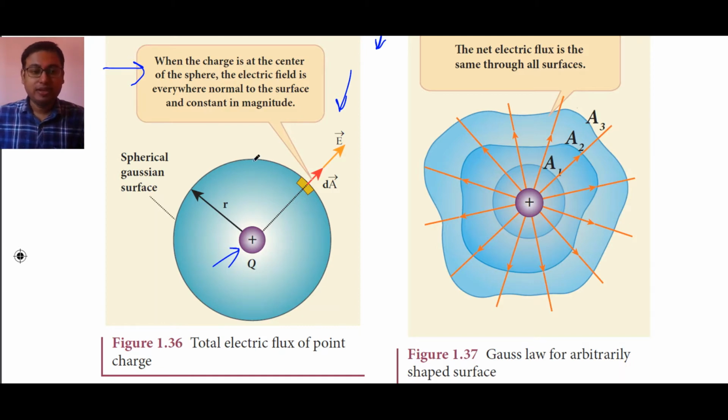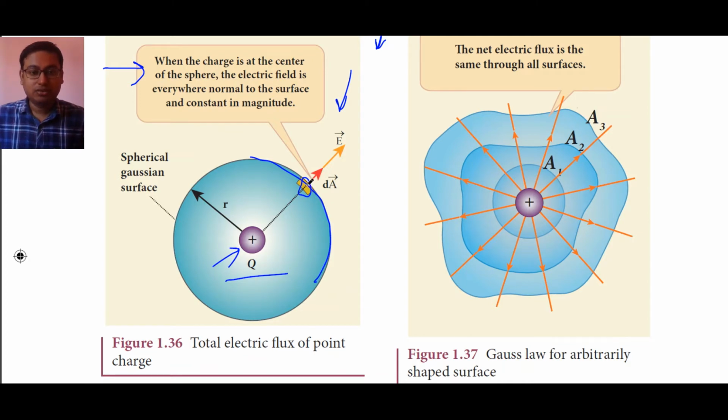So if we take a sphere around it, in 3 dimensions, and we take a region as small as we can, that is infinitesimally small, then the normal to that area will be along the electric field as given here.